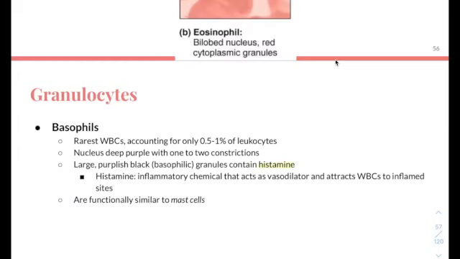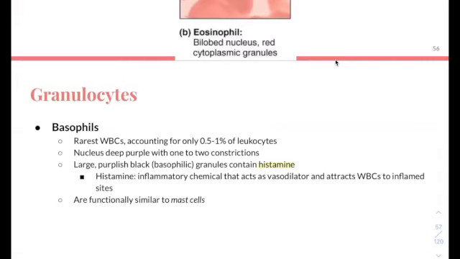So if you have a lot of histamine in your skin, it causes redness very easily on your skin, like a reddish hue to the skin tone. That's because of histamine. And basophils function similarly to mast cells. If you've never taken microbiology, that is usually where they talk about mast cells.